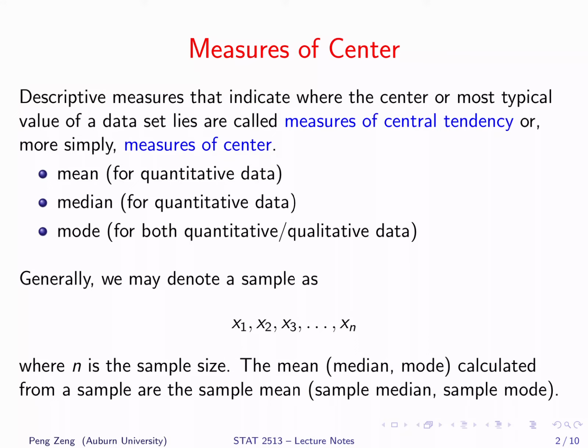The n indicates how many numbers are in the dataset. We call n the sample size. If mean, median, and mode are calculated from a sample, we may also call them sample mean, sample median, or sample mode.